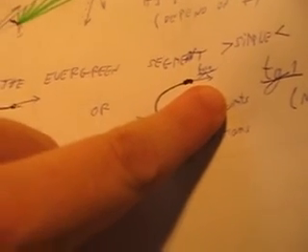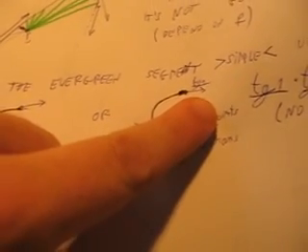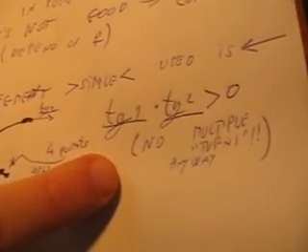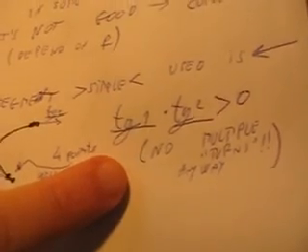We call them tangent 1 and tangent 2. And the rule that each segment of road must satisfy is that the dot product of these two vectors must be greater than 0.